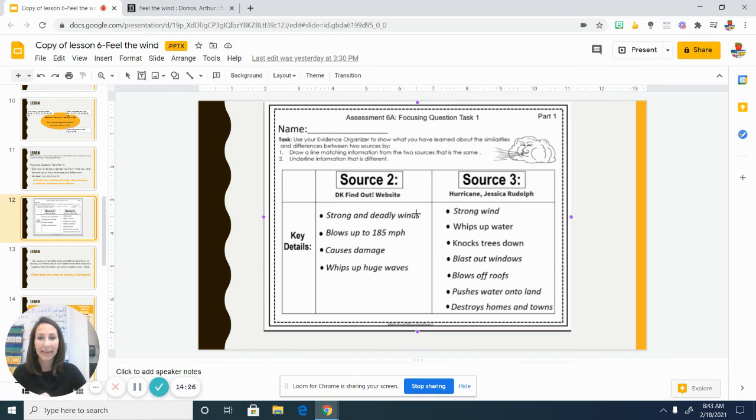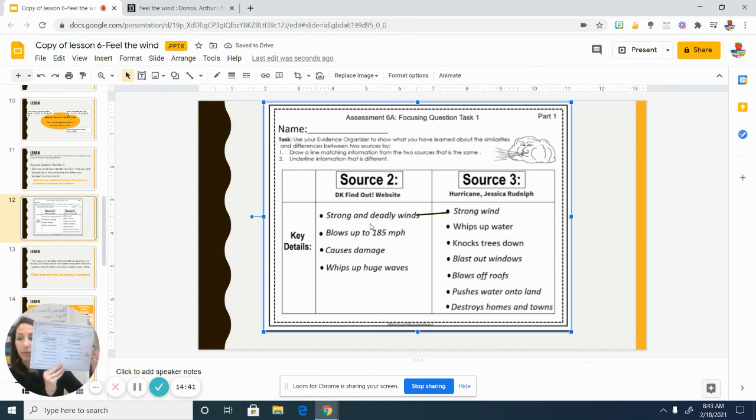Yeah, I would say right here, I'm going to draw a line from this fact to this fact. Those two are really saying the same exact thing. I'll make it a little thicker. Okay, so I drew a line, and you can do the same on your paper with pencil and draw a line from that first fact on source 2 to the first fact on source 3. Okay? All right, let's look at the next one.